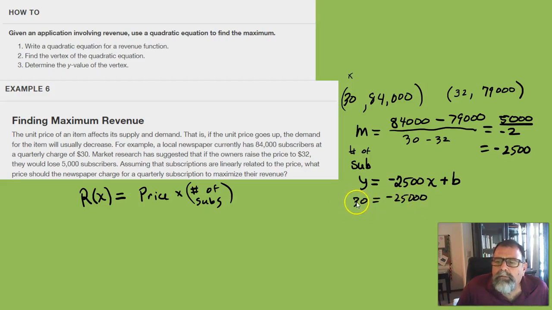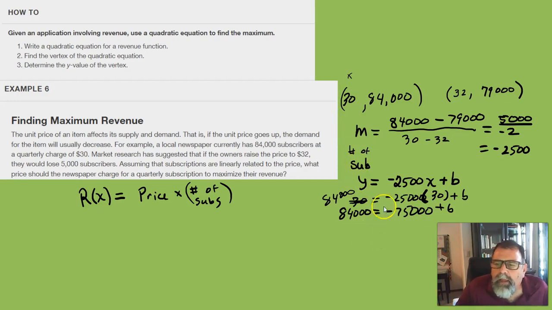Oh, I did that backwards. This would be 84,000. And then this would be the 30. And that would be negative 75,000 plus B. Okay, and now just add 75,000 to both sides. So B is, what's that? 159,000.